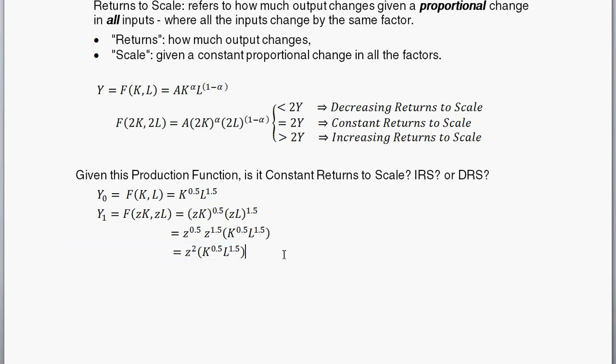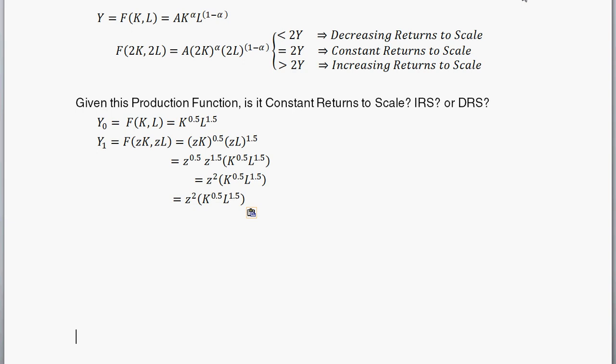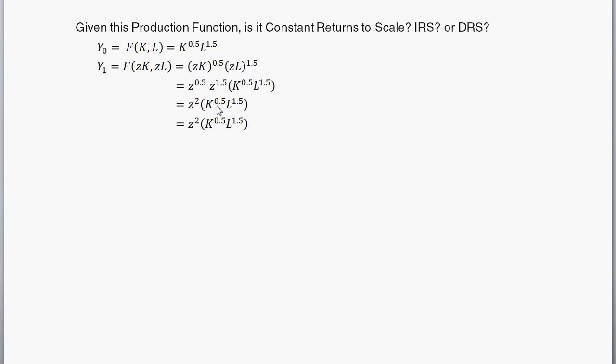So how has output changed? This is just equal to y naught. You can see our new level of output, y sub 1, is equal to our old level of output, y sub naught, times z squared.